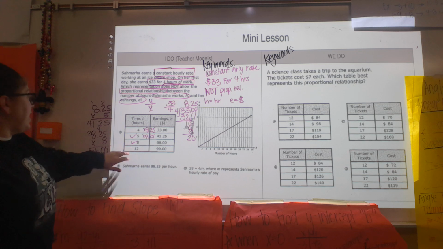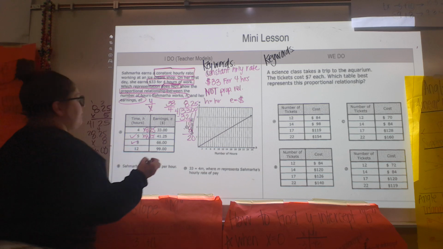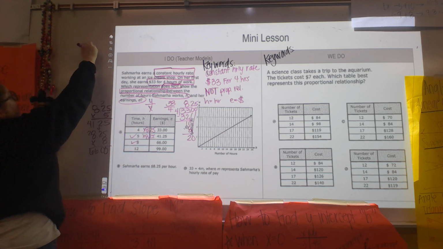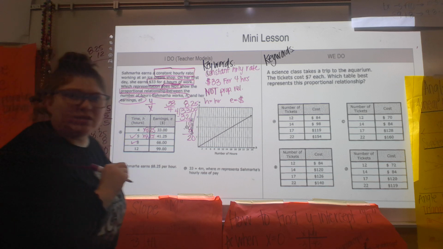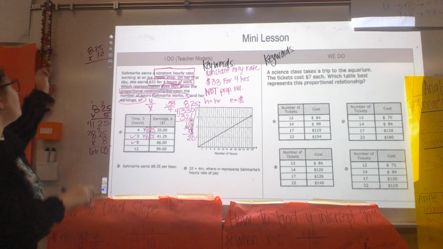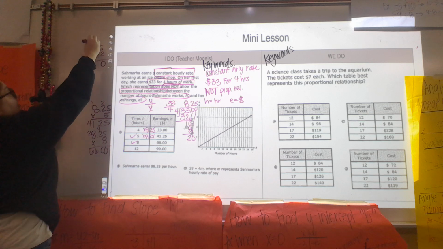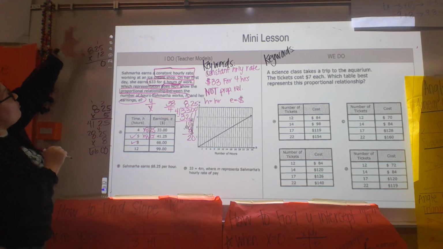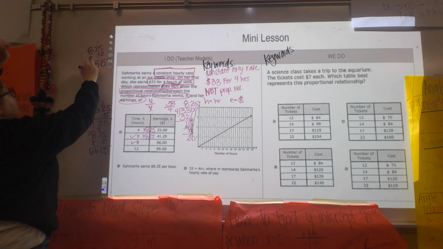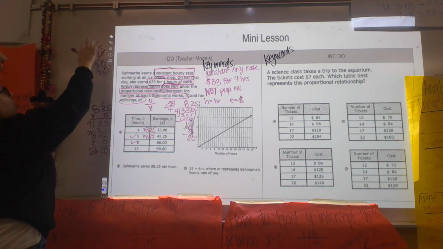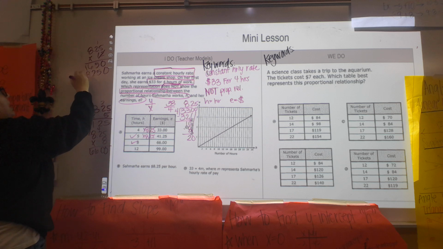We're doing 12 now. So we have 8.25 times 12. I hope y'all can see that. Can y'all see that? Yep. Okay, 5 times 2 is 10. Carry my 1. 2 times 2 is 4, plus 1 is 5. 8 times 2 is 16. Placeholder, 5 times 1 is 5. 2 times 1 is 2. 8, add that up.